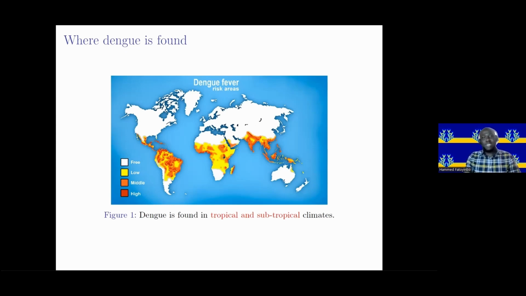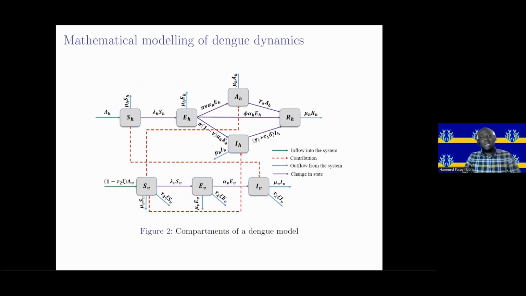Today I will be talking about the mathematical modeling of dengue fever. In our model, we considered the human population and the mosquito population.